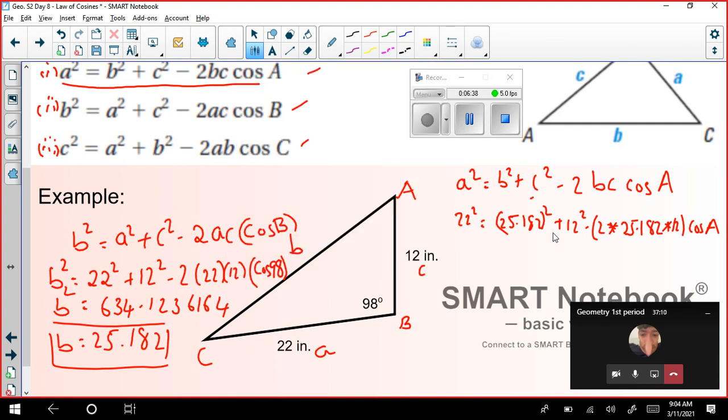So let's get everything to the left side by subtracting 25.182 square. I'll have minus 25.182 square on the left. To get rid of the positive 12 square, I'll have to subtract 12 square from both sides, so on the left side I'll have negative 12 square. And to get rid of this one, I'll have to add 2 times 25.182 times 12 on both sides.